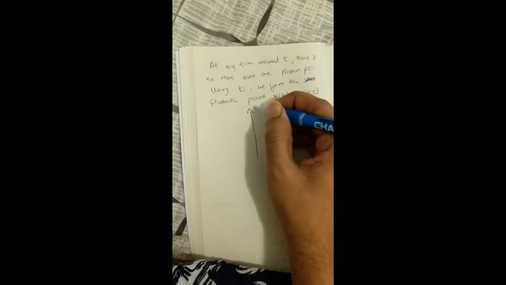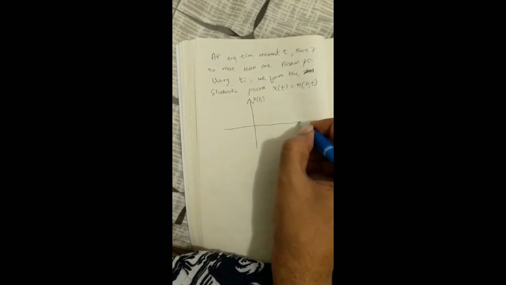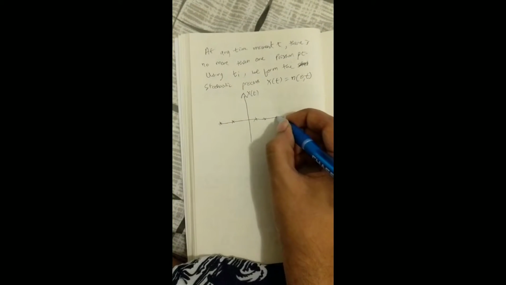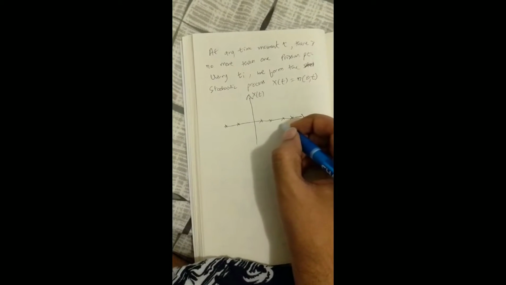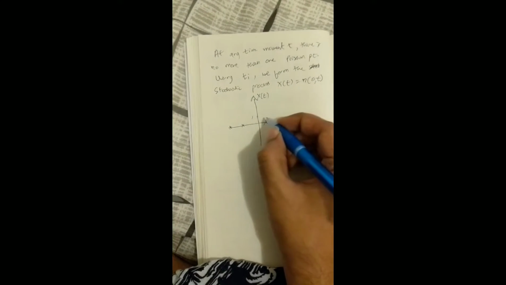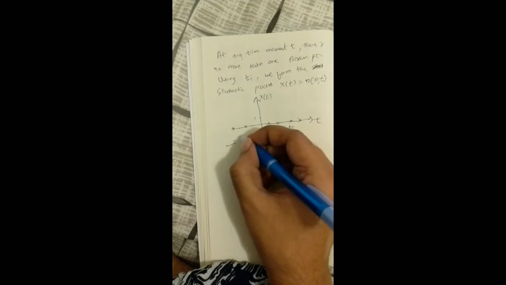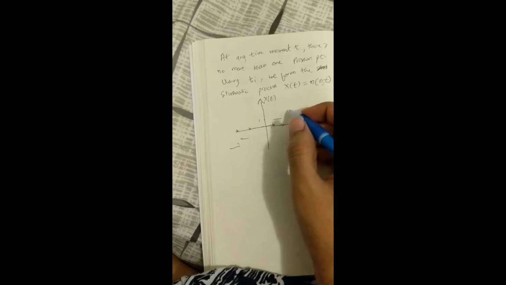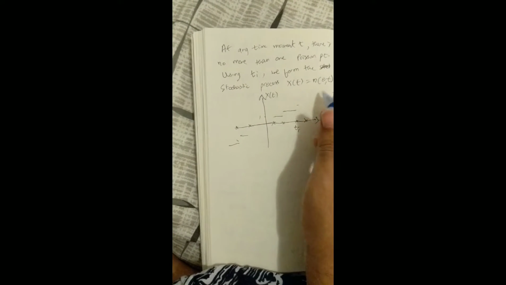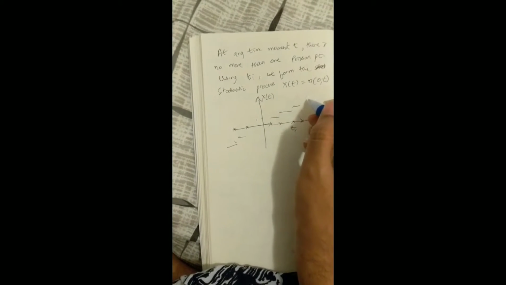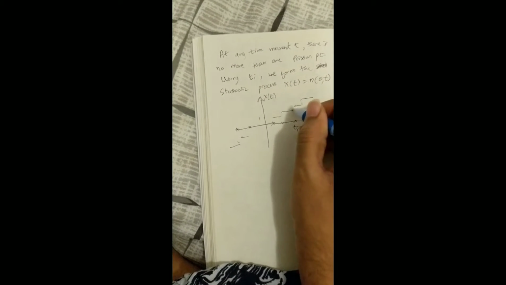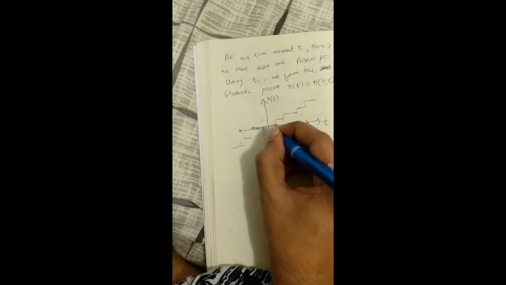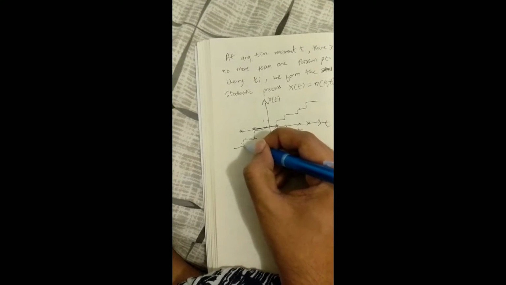So we have x of t and t. So this is x of t.